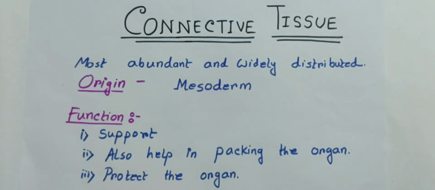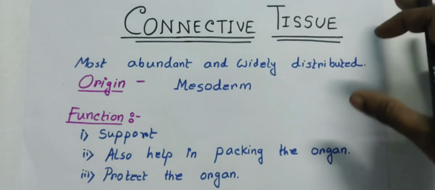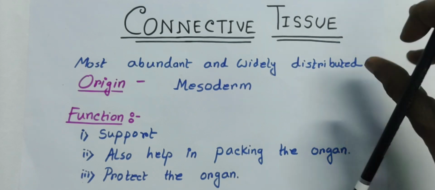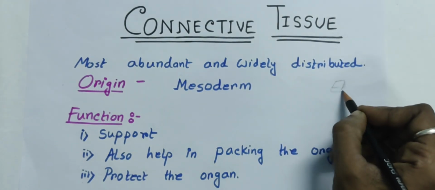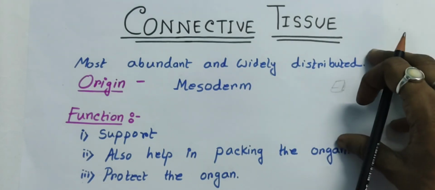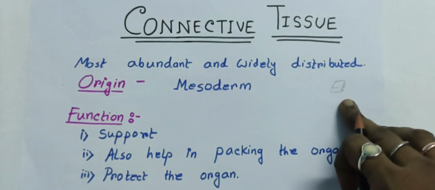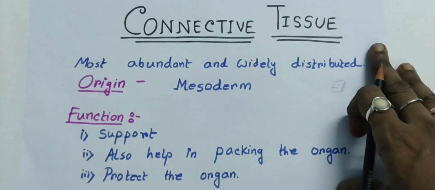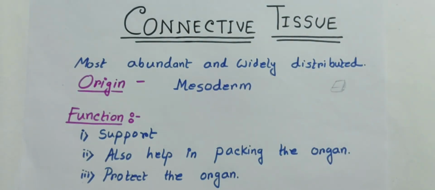Look, when a building is constructed, the main unit, the building blocks, are the bricks. Just imagine that the building is constructed only with bricks. There is no cementing material. Then what will be the result?